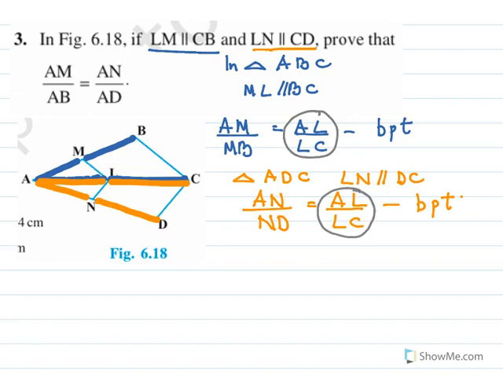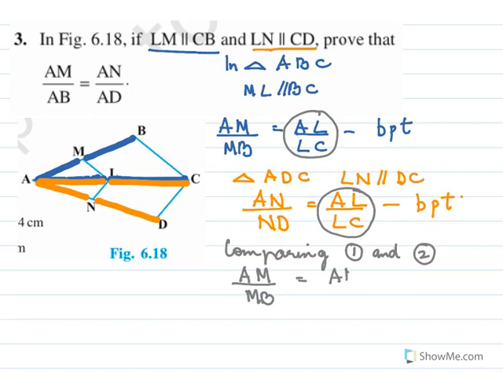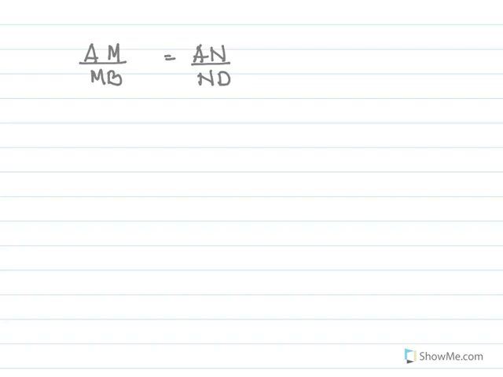So on comparing 1 and 2, we can say AM over MB equals AN over ND. But we still haven't got what we need. It was given to us AM over AB equals AN over AD.